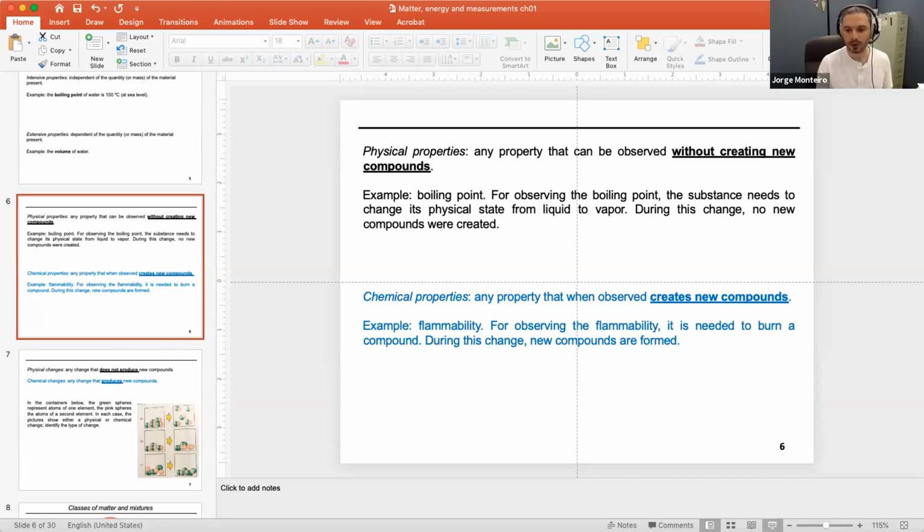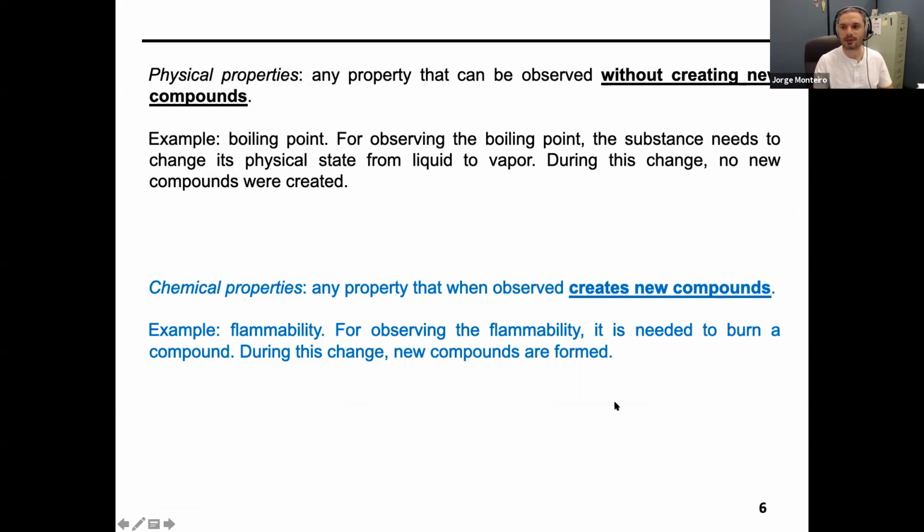Okay, so let's share my screen here. Okay, so that's where we stopped on Monday. So I showed you the difference between physical properties and chemical property.